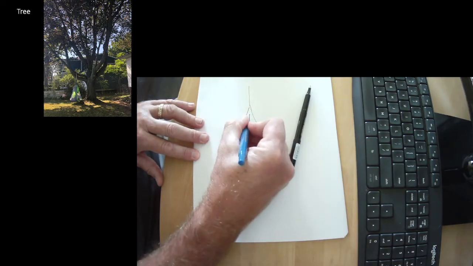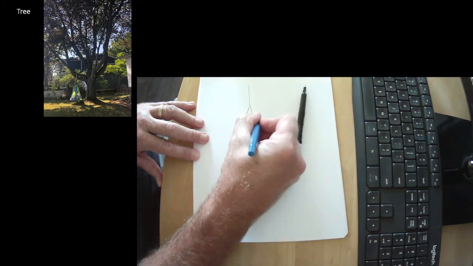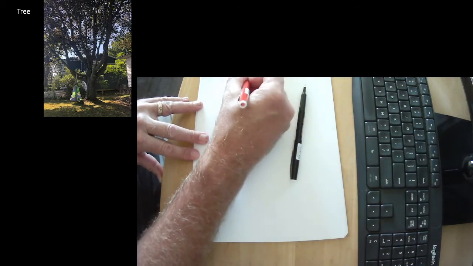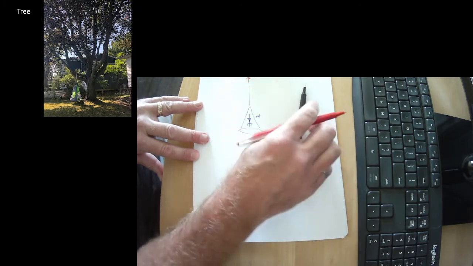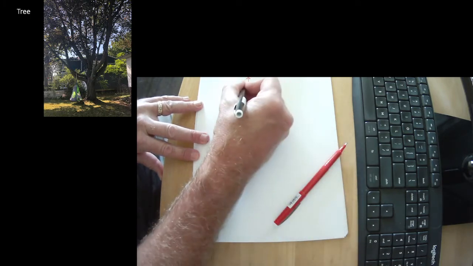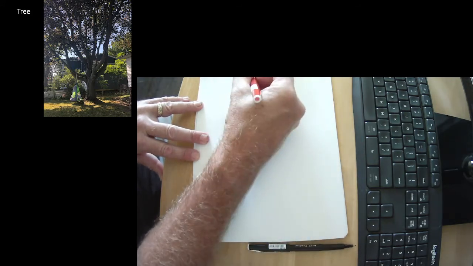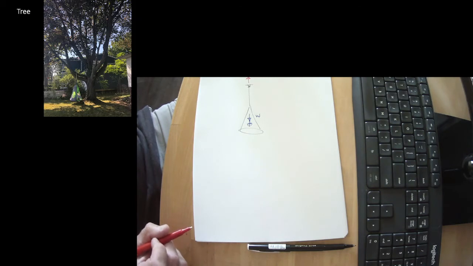We have a swing. So right here's our pin reaction. Weight. Our free body diagram is complete.